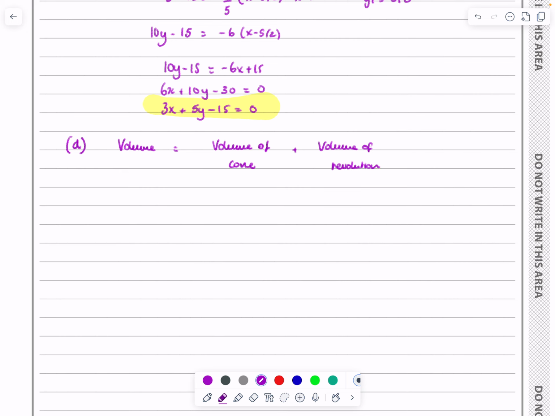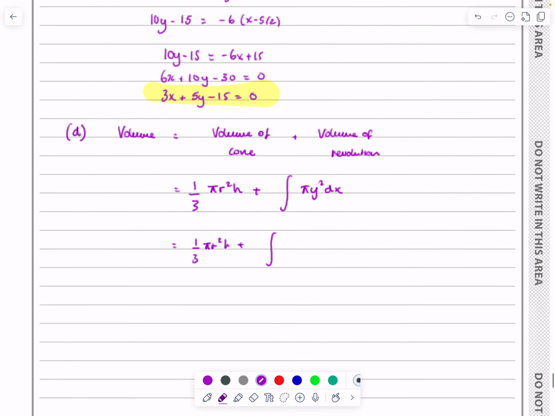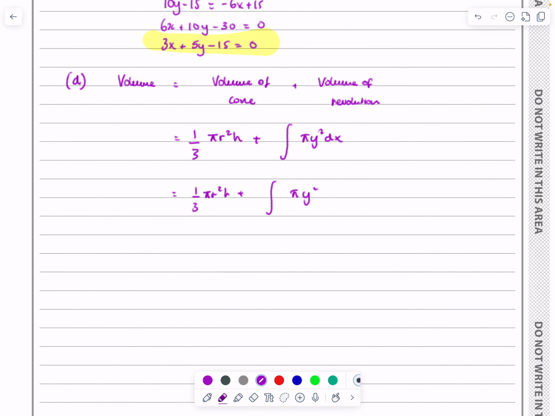The volume of the cone is just going to be a third pi r squared h, but then the volume of the revolution is going to be the integral of pi y squared dx. Now I've got it as a parametric version, so doing it nice and slowly here: a third pi r squared h plus the integral of pi y squared dx/dt dt, and I'm doing that between 1 and 2.